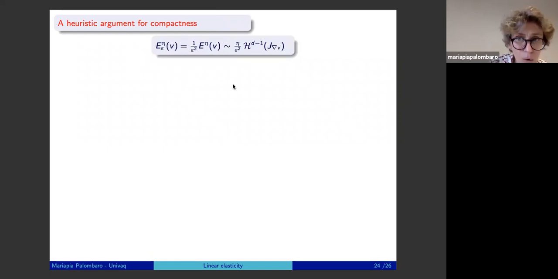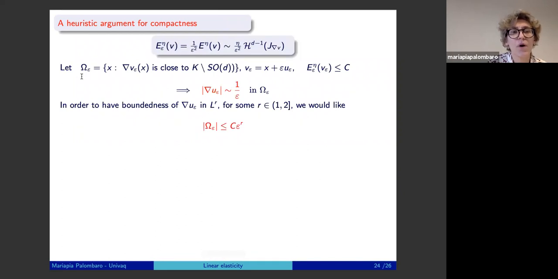Now, if omega epsilon is the set where the gradient of the deformation is not in the right well, which is the set of rotations, but is close to the other wells, if we denote by omega epsilon the bad set, let me call it the bad set, then one can see that in omega epsilon, the gradient of the displacement goes like 1 over epsilon, because the distance between the wells is fixed, of order 1.